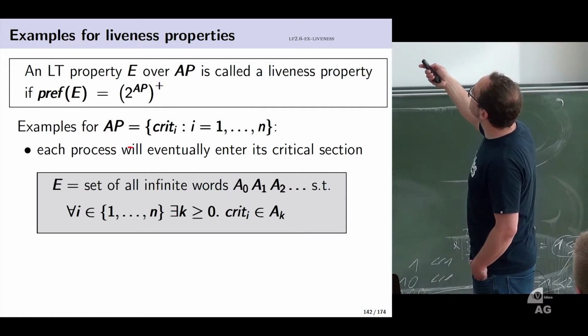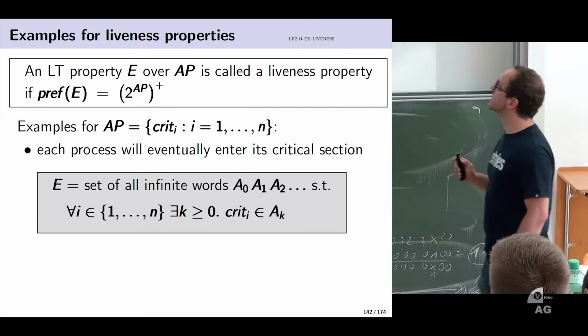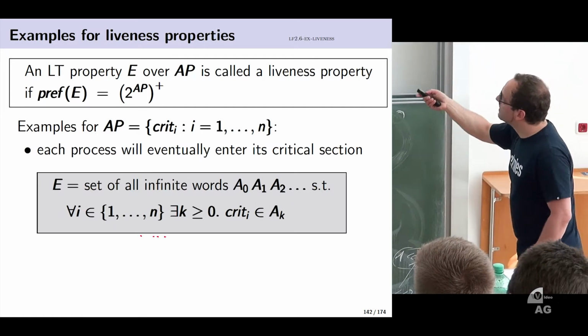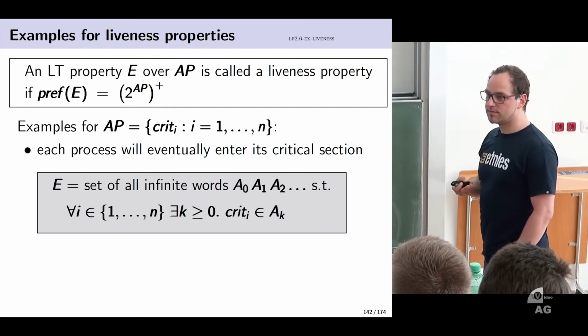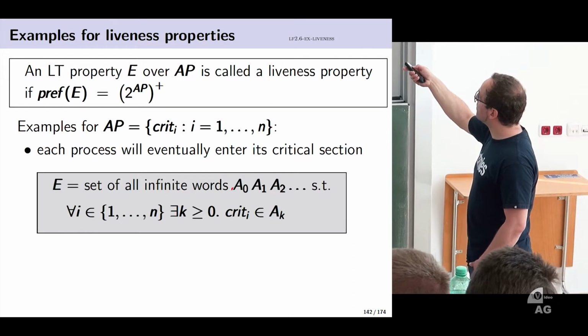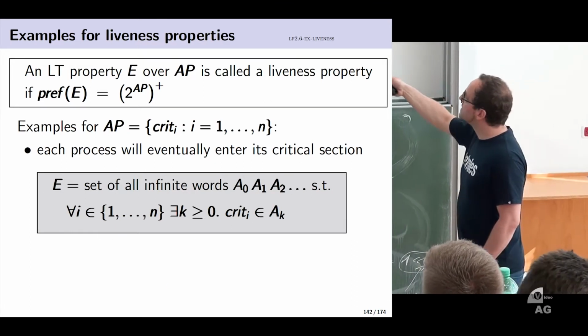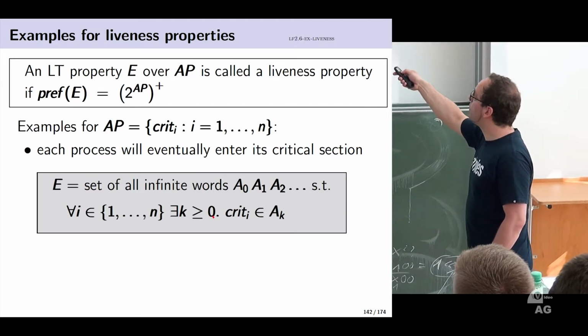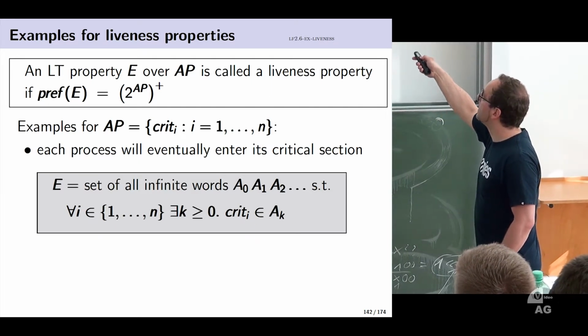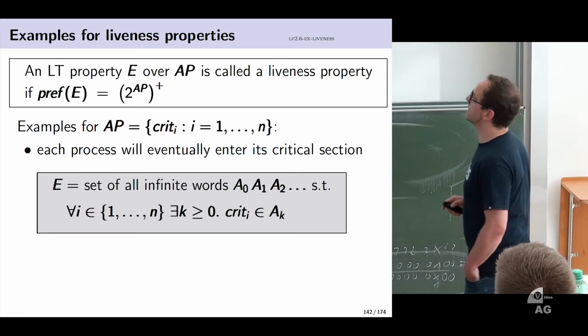And we want to state that each process will eventually enter its critical section. Well, then we can define this as a linear time property, set of infinite words of the form A0, A1, and so on, such that for all processes, there exists a point in time where process i is in its critical section.